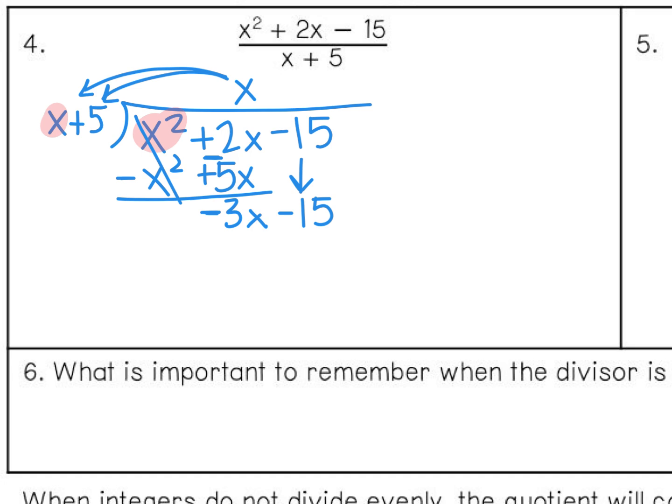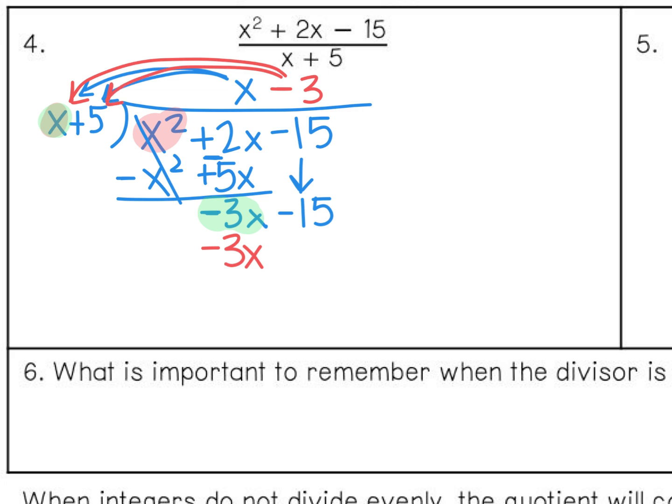So now our first term is x and negative 3x. So how many x's are in negative 3x? Minus 3, right? We're going to have to multiply that. So we're saying multiply negative 3 times x is negative 3x.